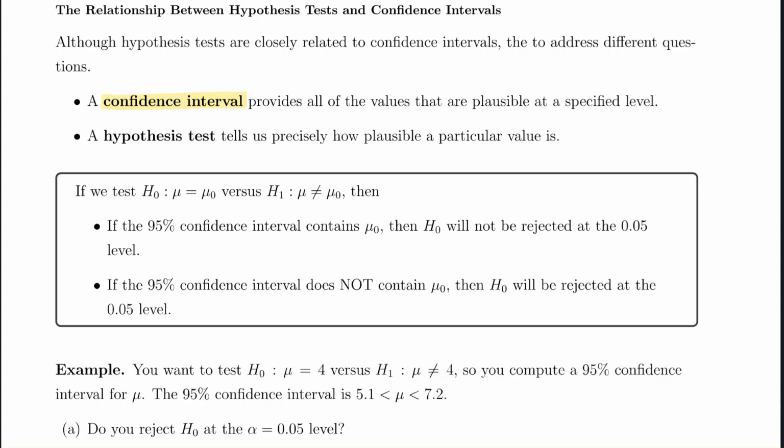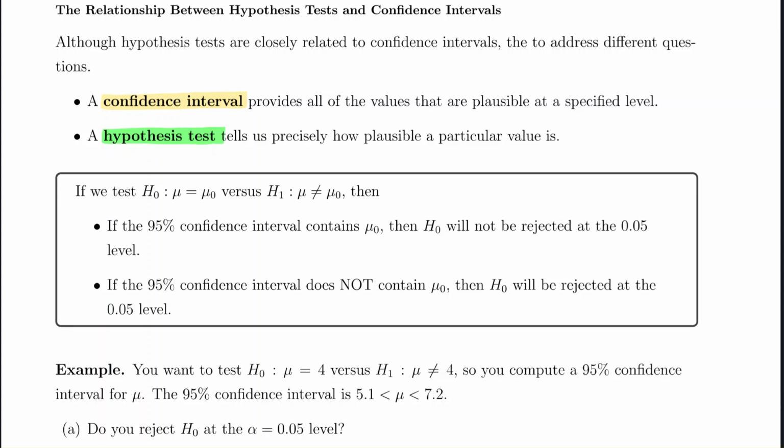What do we mean by specified level? Remember when we were doing confidence intervals, it would say something like 95% confidence, 99% confidence. That's our specified level. A hypothesis test tells us how plausible a particular value is. So it's no longer a range of values, it's a singular value.